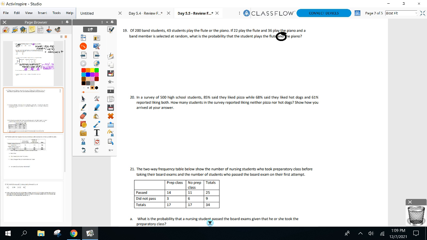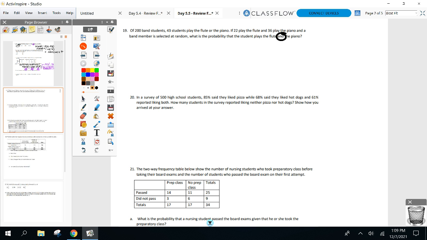I just have a question. Yeah, sure. What does 43 play the flute or the piano mean? That means 43 of them either play the flute, the piano, or both, right? Not both. Oh, okay. Not both. So that's like the middle of a Venn diagram. Should we draw one? Correct.